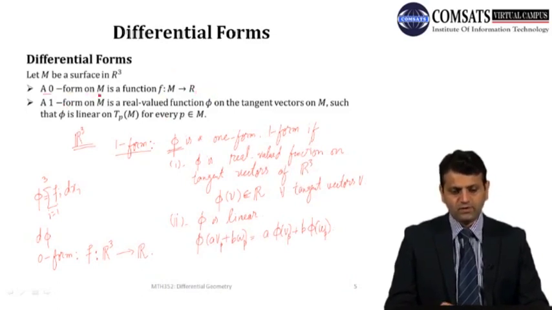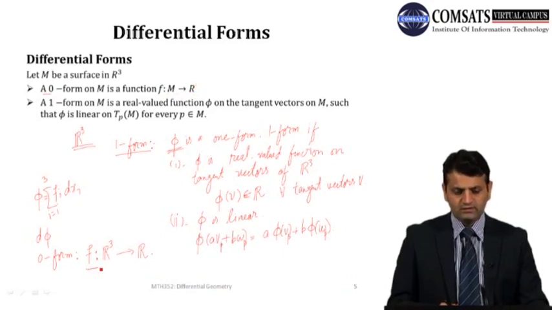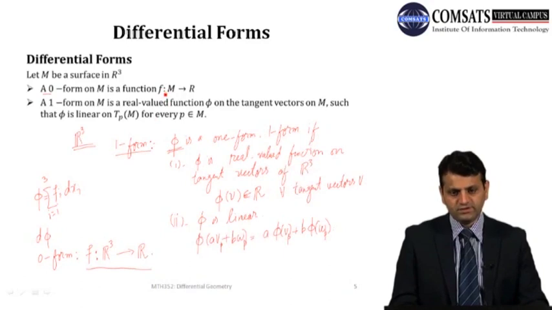So a zero form on M is a function from M to R. So it is a real valued function. बिल्कुल ऐसे ही जैसे R3 के ऊपर अगर जीरो फॉर्म थी, it is a real valued function from R3 to R. और अगर कोई जीरो फॉर्म है on the surface, then it is a function from M to R. So what is M? M is the surface in R3. So that is how we define a zero form on the surface.